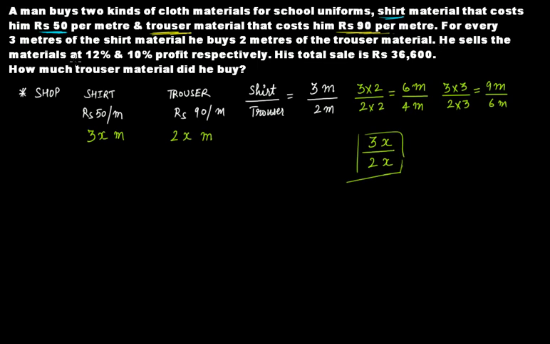Okay, now you sell the material at 12% and 10% profit respectively. Now tell me one thing. If we are assuming that you have purchased 3x meter of the shirt material and 2x meter of the trouser material, it's time to calculate the cost price. The cost price of the shirt material will be, for 1 meter it costs you rupees 50.